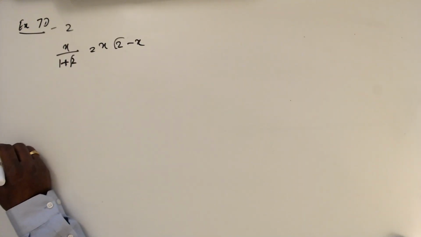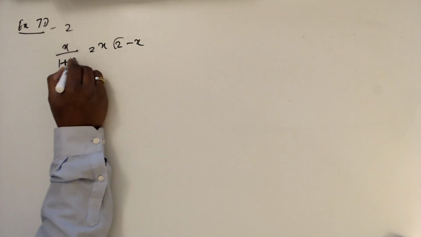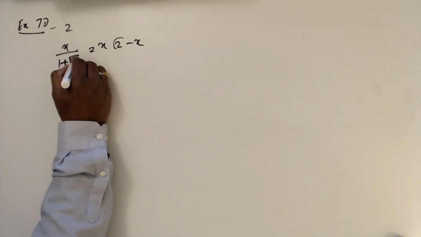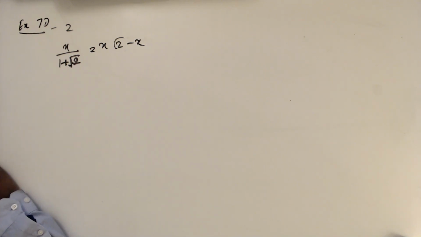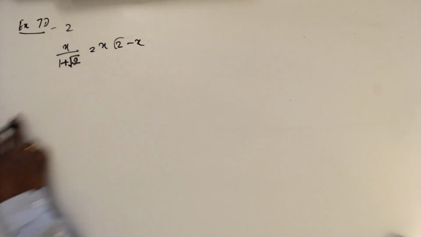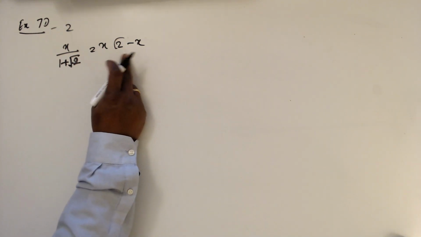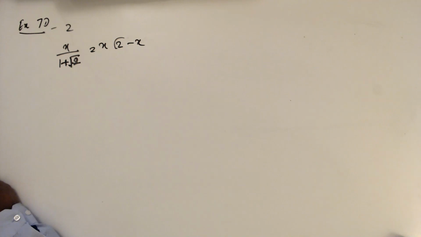Question number 2. When you look at this question, it's a proof. So we want to show this. When you look at this, what can you see? The denominator has a root as well. Do you know a technique to vanish the denominator? Have you learned anything like this at A levels?